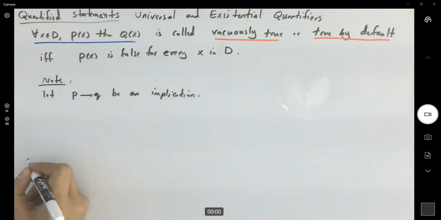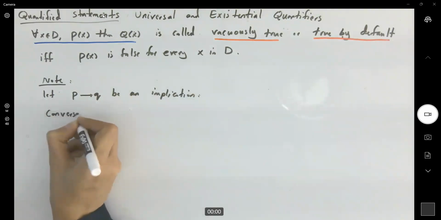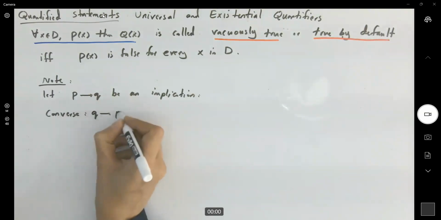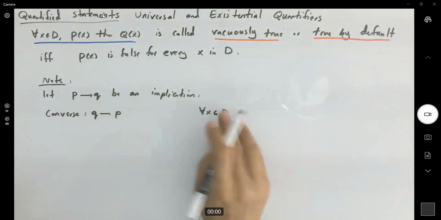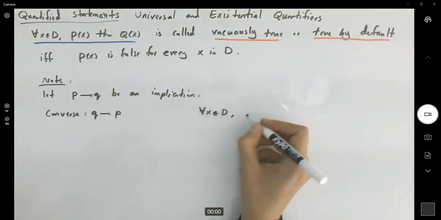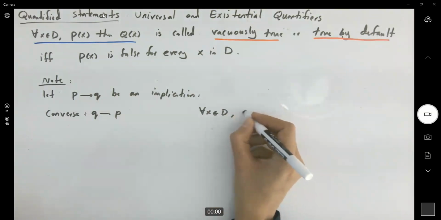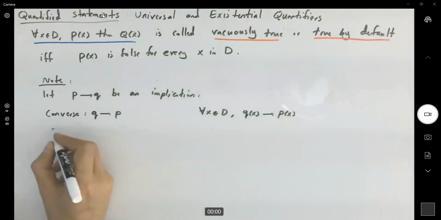Very well. Remember that we defined the converse as Q then P. It's going to be for any x in D, Qx implies Px. This is for the converse.